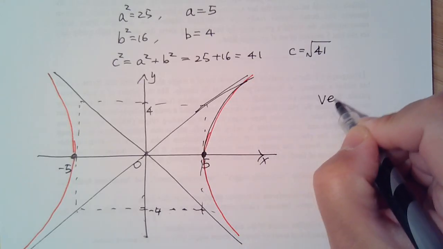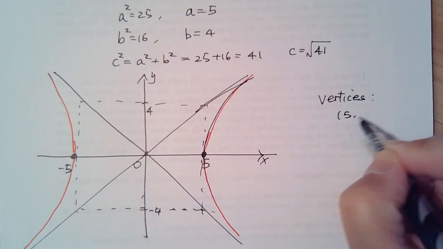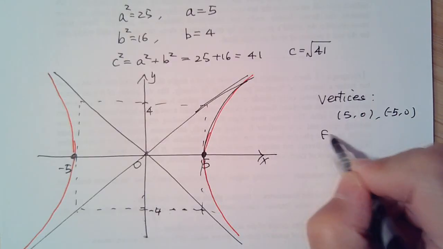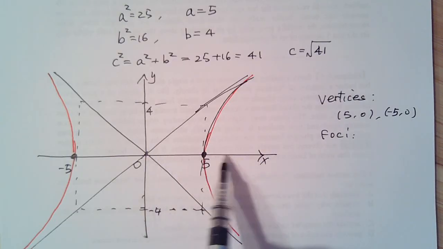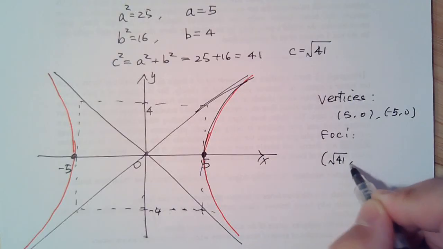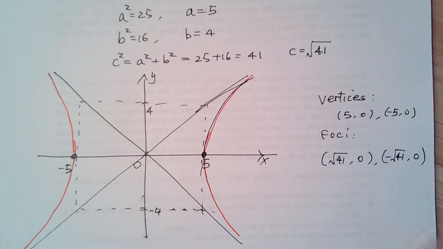So my vertices are (5, 0) and (-5, 0). So what about my foci? My foci start from the center and go to the left and the right by c. So the foci are (√41, 0) and (-√41, 0).